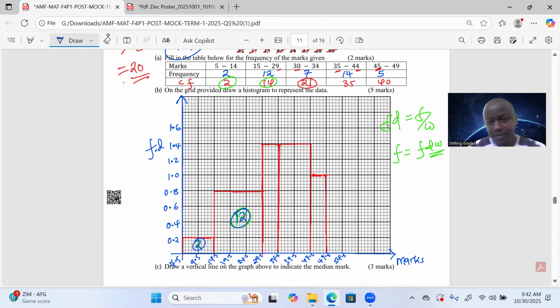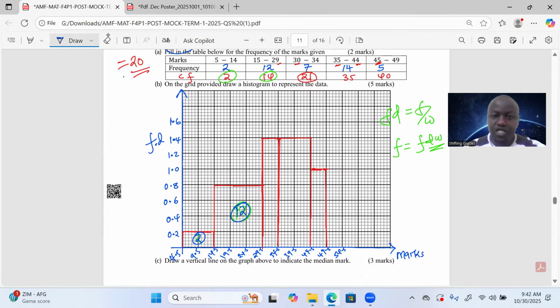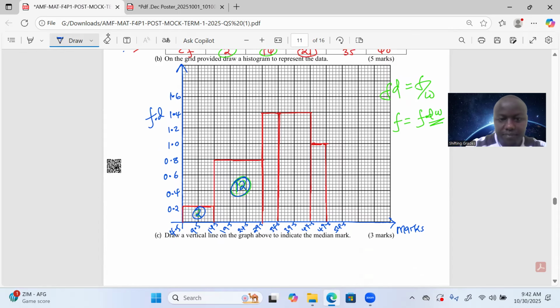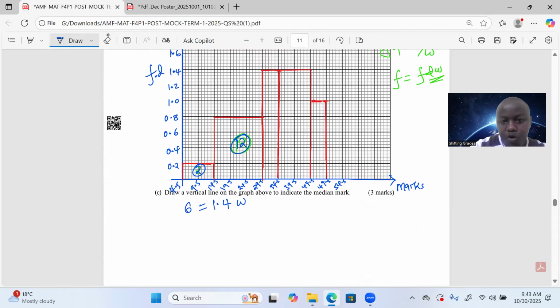Now, how would we get 6? The height is fixed. So how can we change the width to give us an area of only 6 people? We have a fixed height of 1.4. We need a frequency of 6 from this second class, so 1.4 should multiply some unknown width to give us 6.